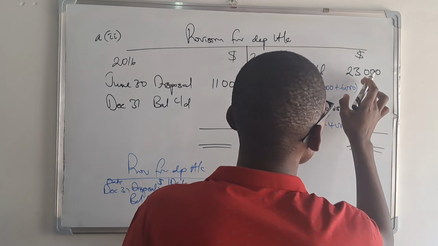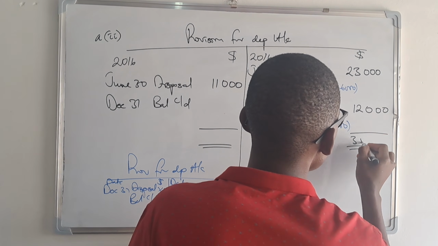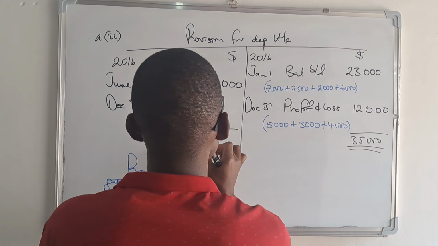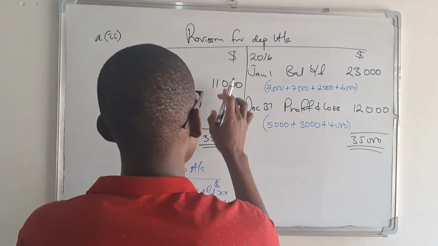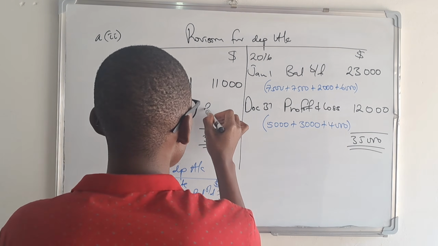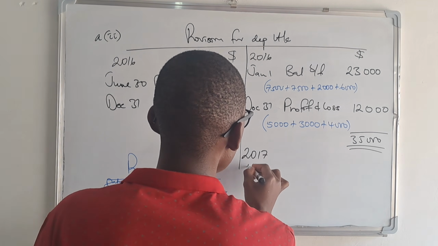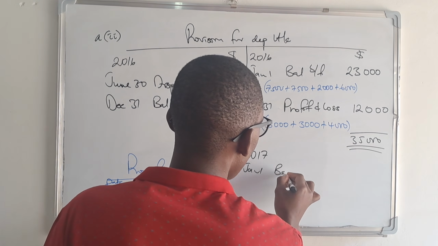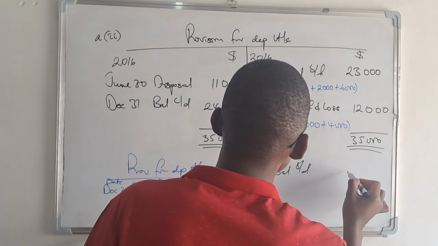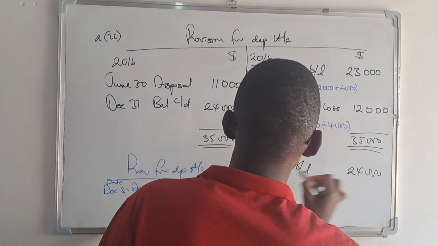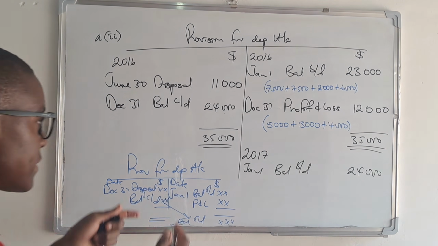This will be 12,000. 20,000 plus 12,000, that's 35,000. You get 35,000 minus 11,000, you get 24,000. Then it will be 2017 January 1 balance BD, 24,000. We are done with this question.